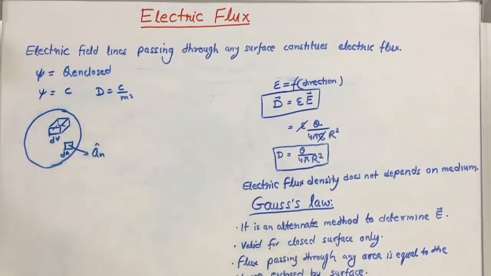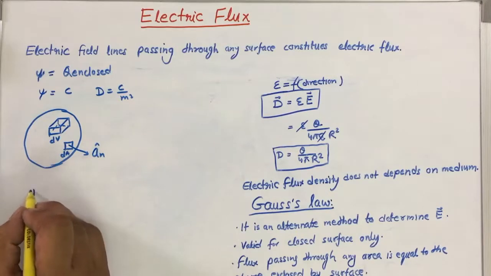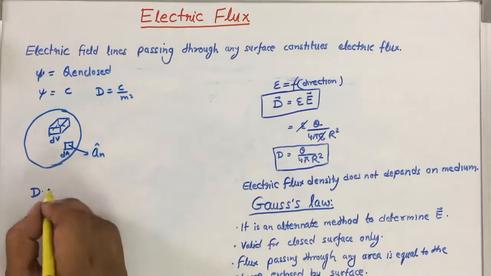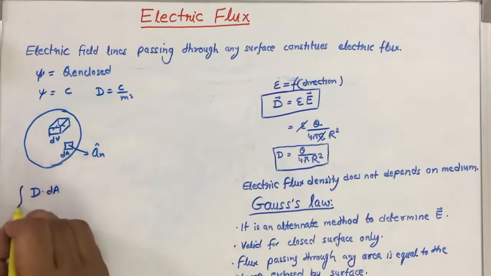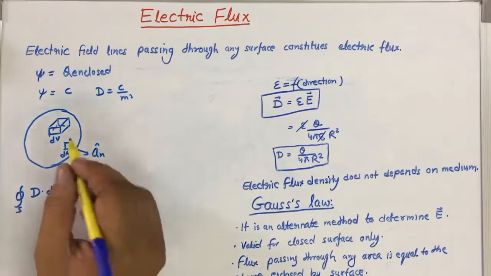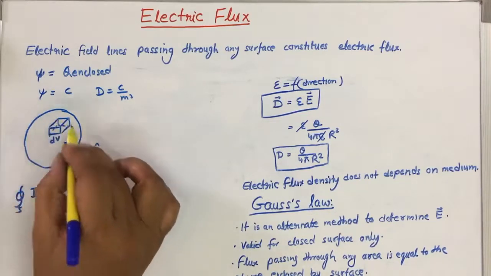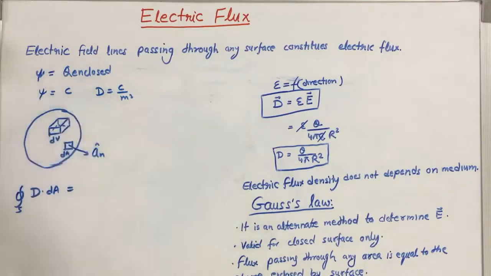So in this case, according to the definition, the flux passing through this will be D dot dA, as we have discussed in the beginning, through the closed surface will be equal to the total charge enclosed by it.